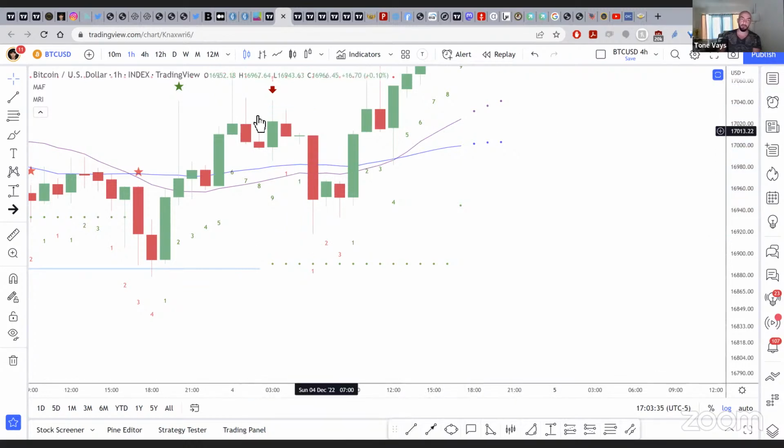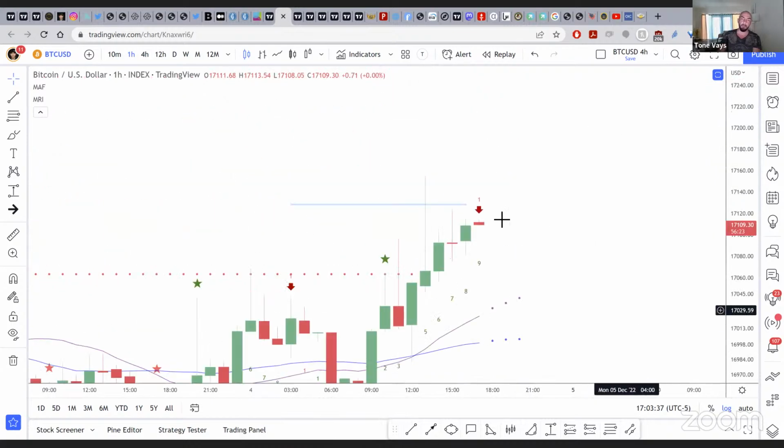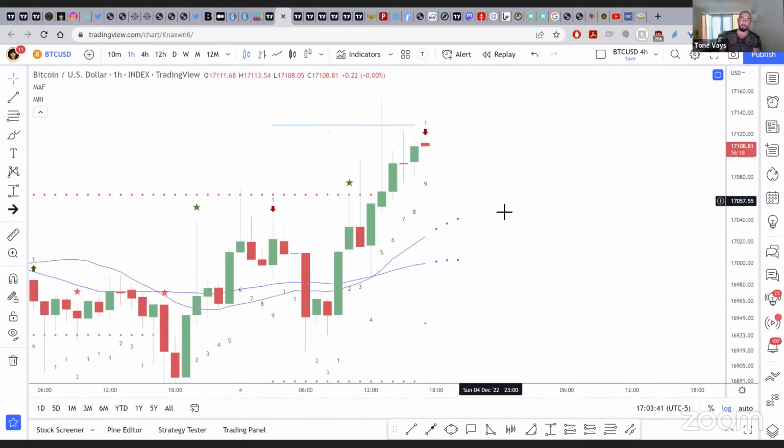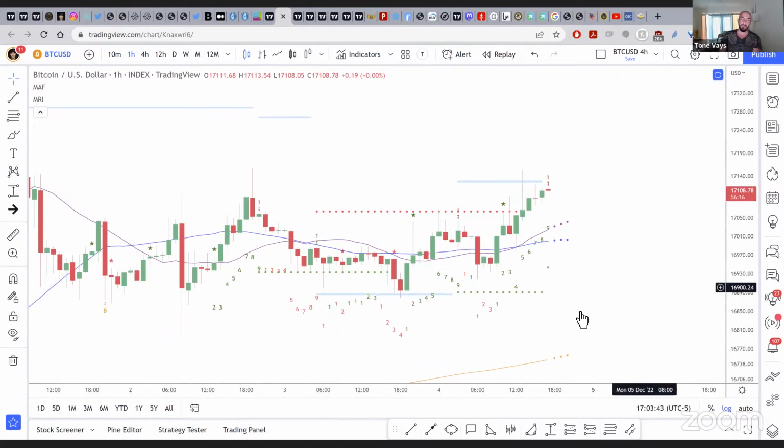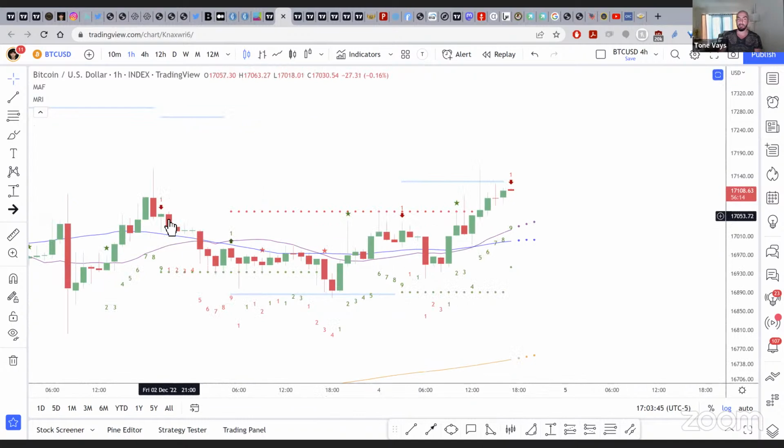I mean, 120, 125 if you use the top. We're now on an MRI sell. It's already becoming a negative candle. So very likely, like here's a prior MRI sell. Went down a lot more. Yeah, so very likely we're going to pull back, and then probably go up some more.